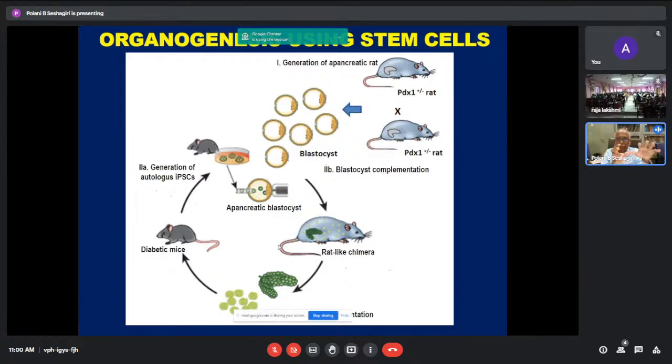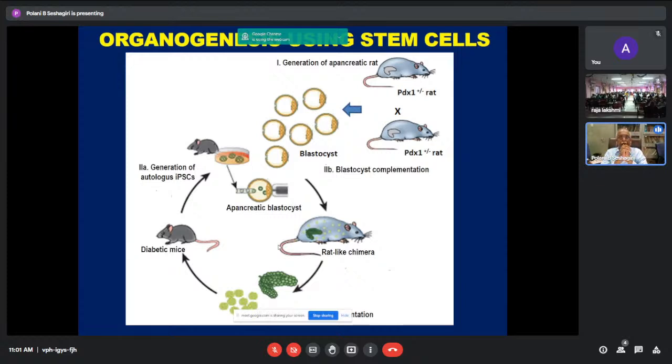That's a control. Now if you take those blastocysts and put in the normal PDX gene of another animal species, the mouse, into the rat iPS cells and regenerate blastocysts, which is a chimeric blastocyst. I explained yesterday about chimeric blastocysts. Then transfer that chimeric blastocyst to a recipient animal.